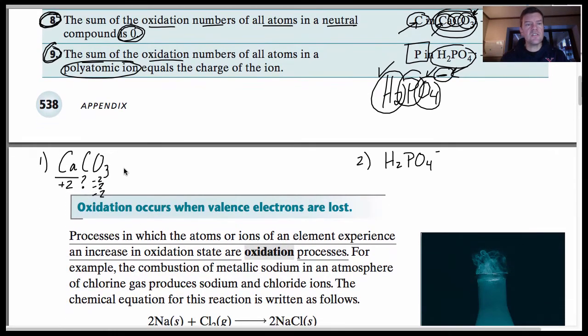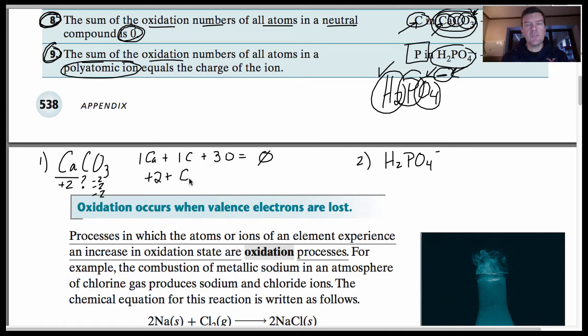So here's all I do. I take the 1 calcium plus the 1 carbon plus the 3 oxygens, and they have to add up to 0. Okay? So my calcium, there's just 1 calcium, and that has an oxidation number of +2.